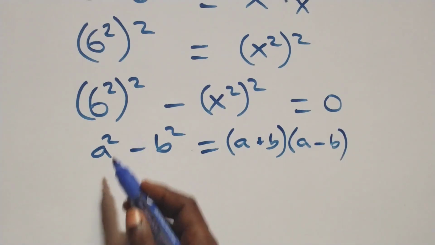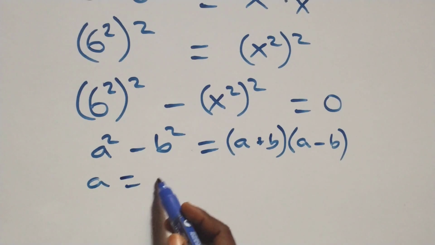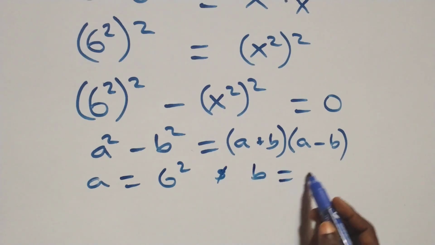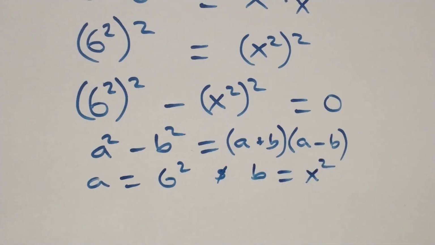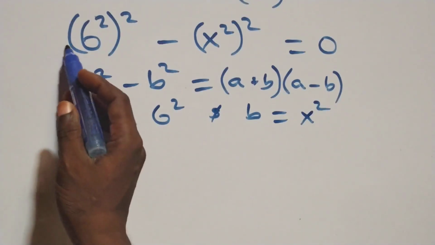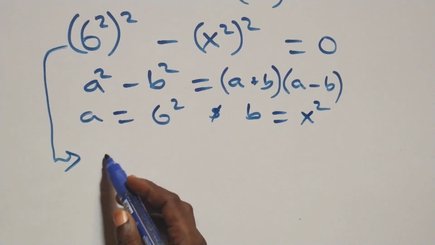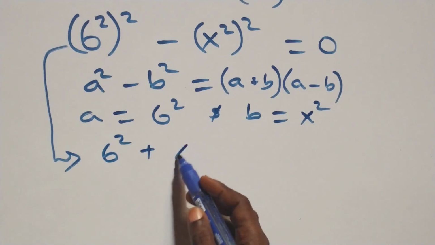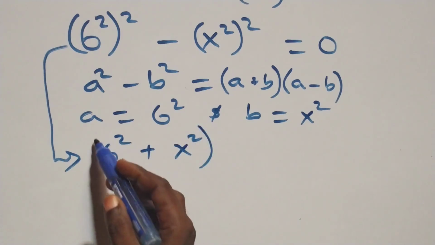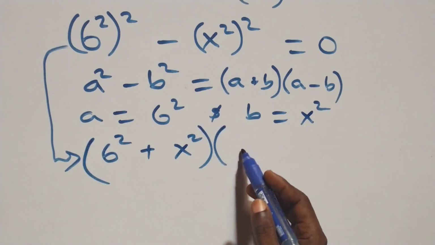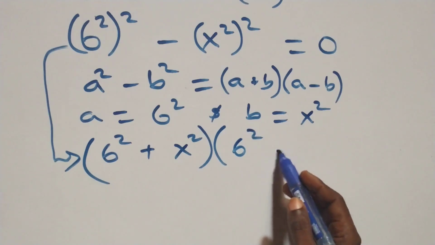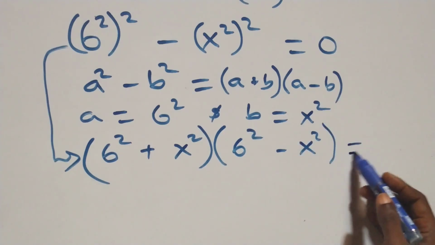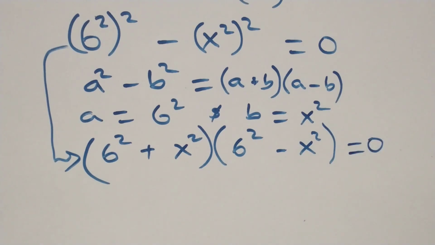As this here, a is standing as 6 squared and b standing as x squared. Then what we have here becomes 6 squared plus x squared into brackets, then also open brackets 6 squared minus x squared close brackets, which is equals to 0 from here.